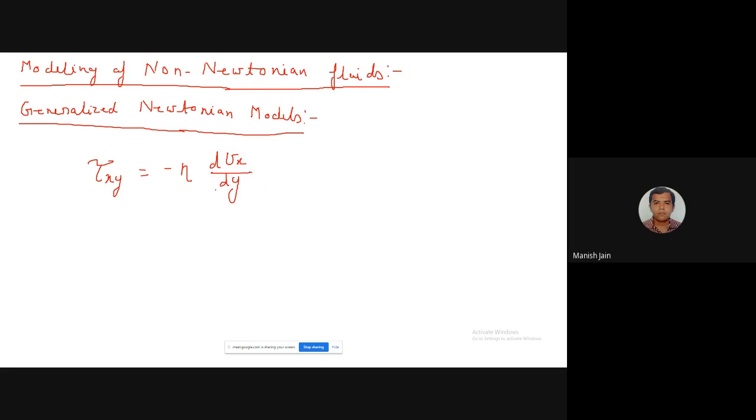The only difference is that instead of mu we are writing eta. So eta is called the apparent viscosity, and eta is a function of the shear rate.